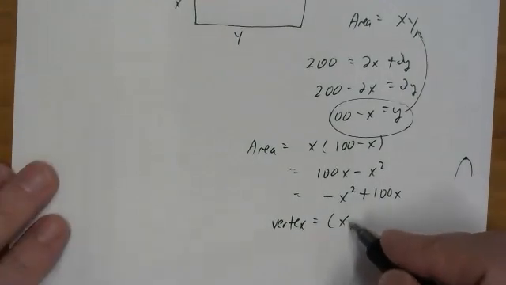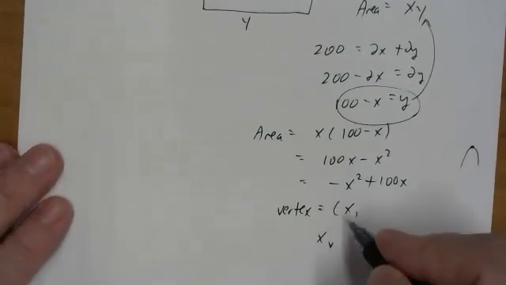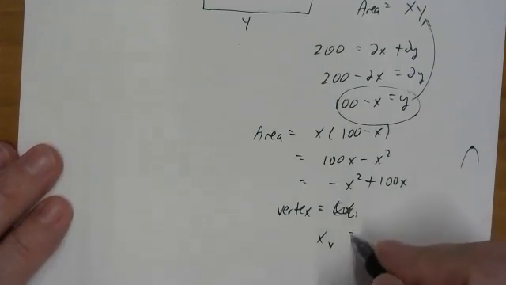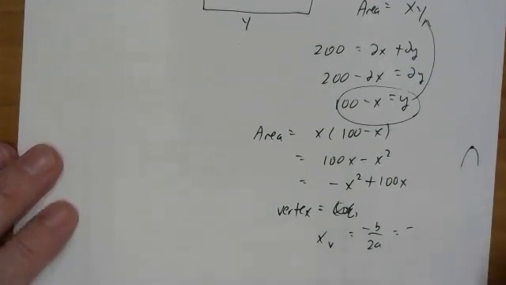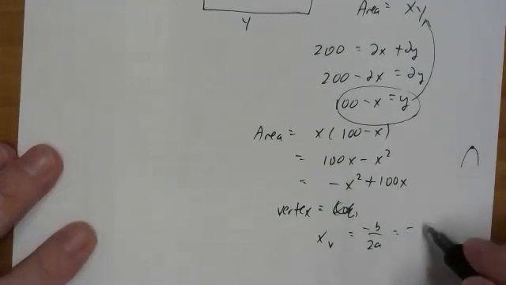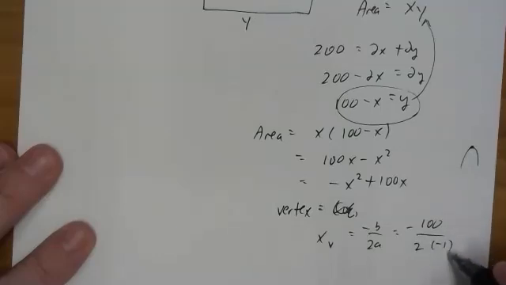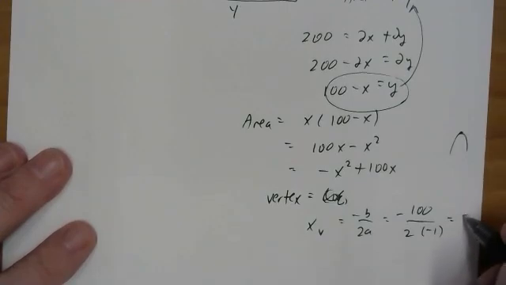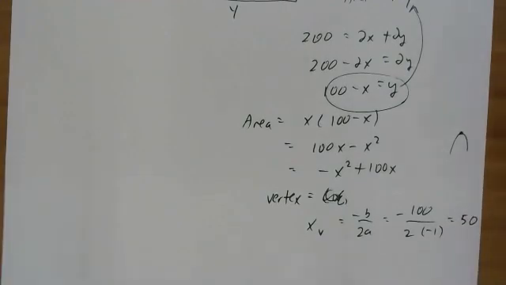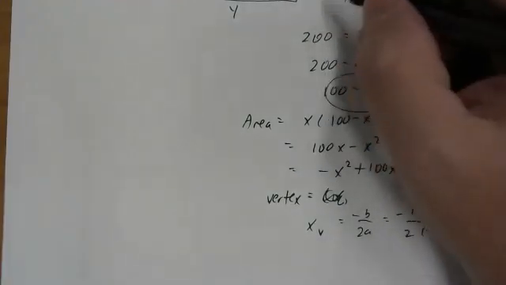So let's find the x of the vertex. So that equation, negative b over 2a. So the b is 100, 2, and a is negative 1. So it looks like the x is 50.